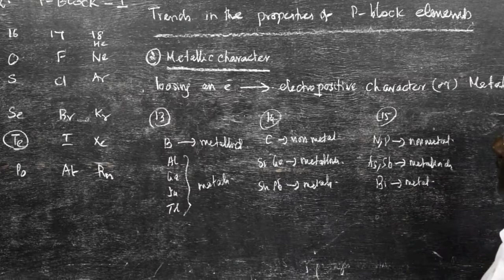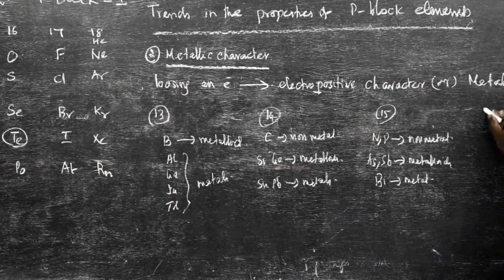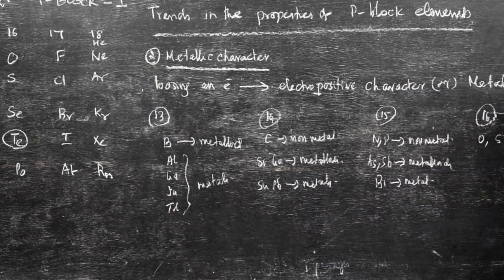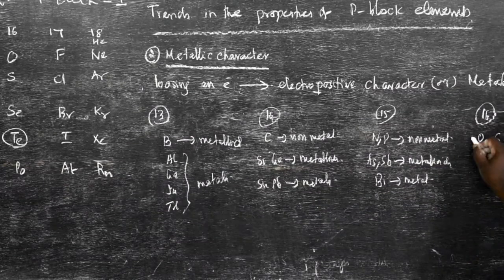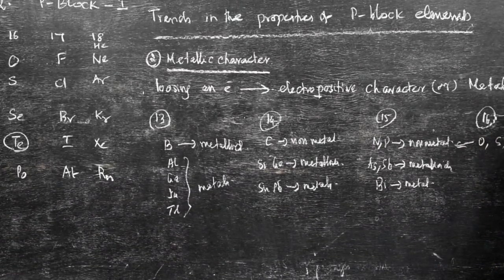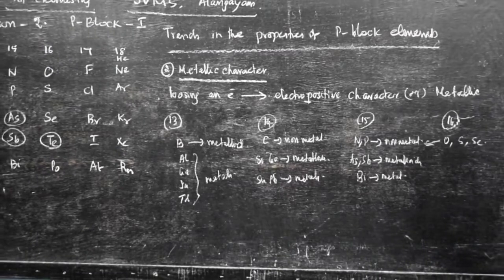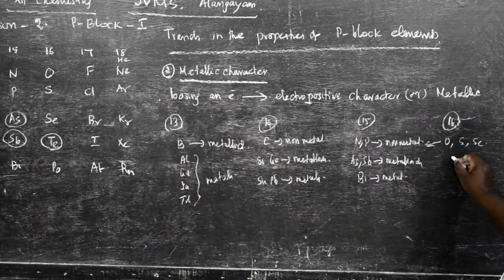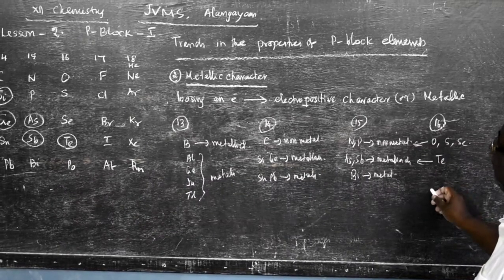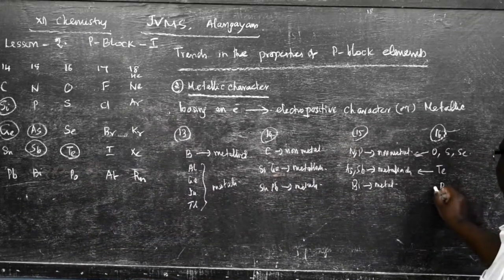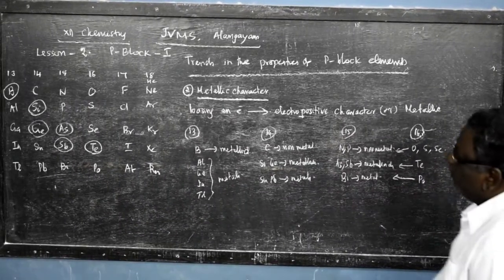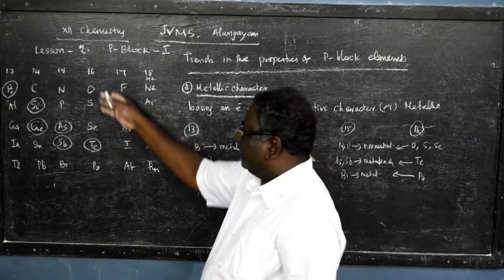If you take the 16th group, oxygen, sulfur and selenium are non-metals. Tellurium is a metalloid, and polonium is the metal. That is the 16th group. Here also the metallic property increases on going down the group.